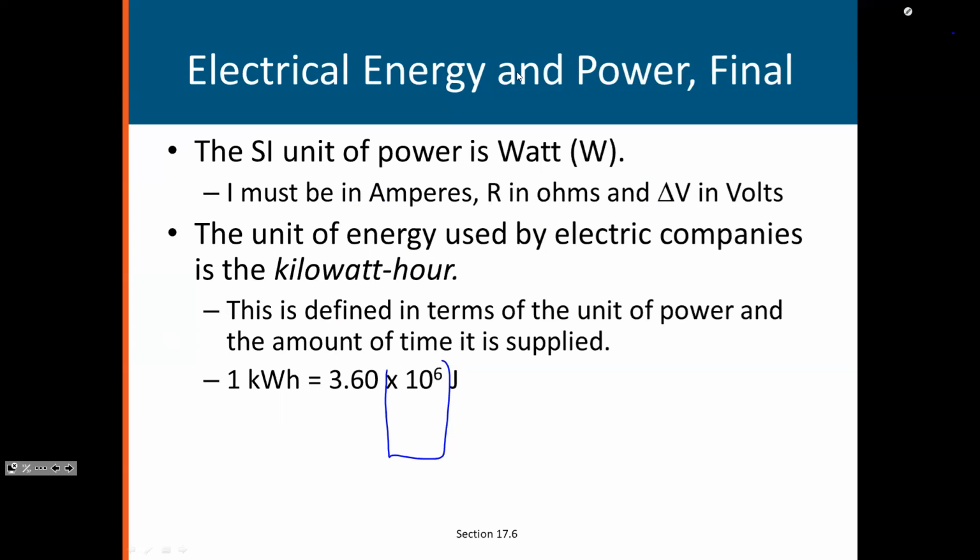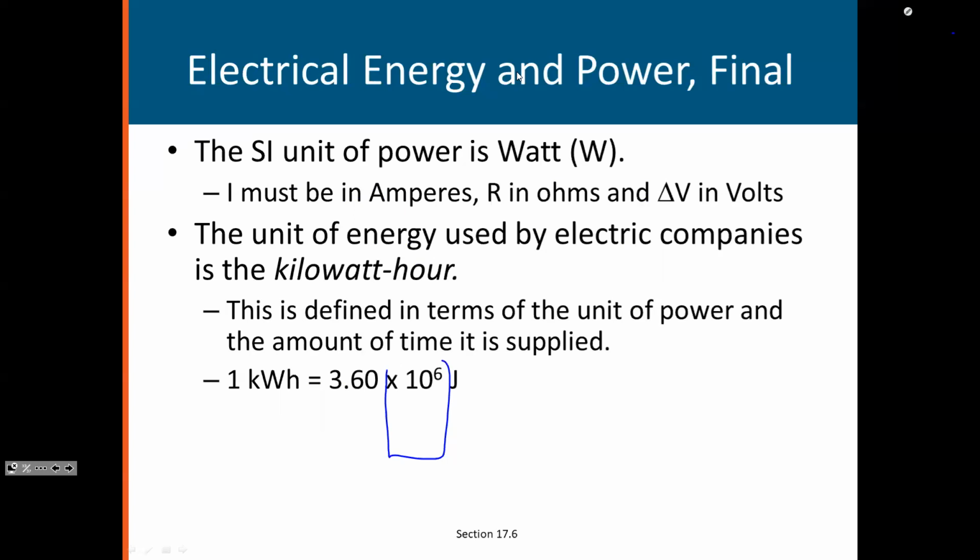But remember, I must be in amperes when you use the I delta V equation, and delta V must be in volts. The unit of energy used by electric companies, on the other hand, is not joule. Joule is the SI unit for measuring energy, but it's a very small amount of energy. 1 joule is negligible.